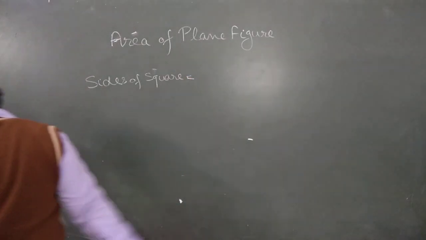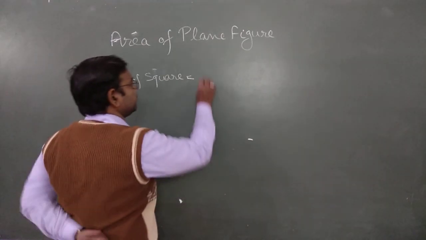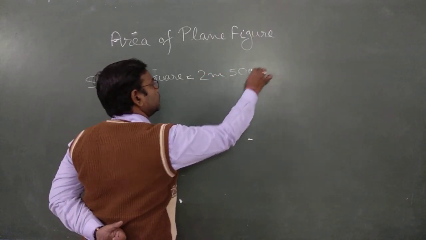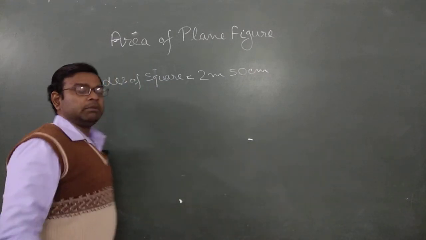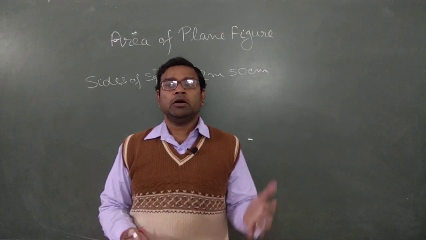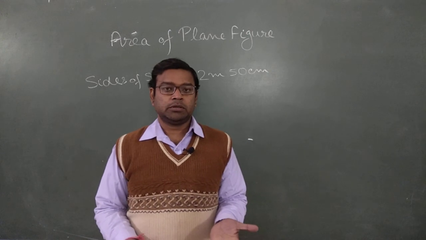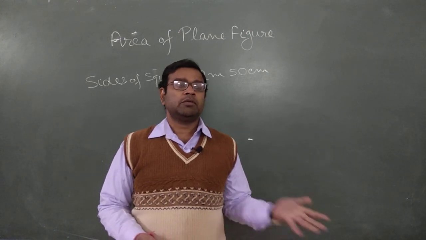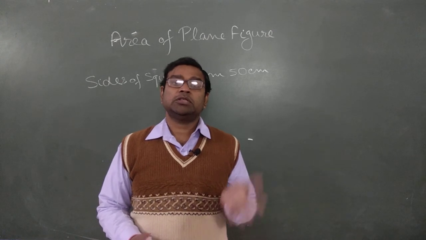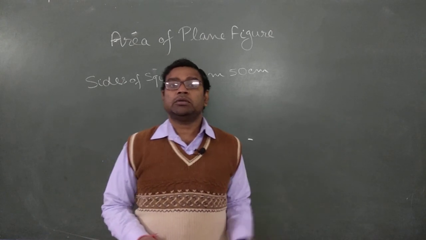Remember, I am giving you the concept of some types of problems. It may vary from your book, but the concept is the same. You use that concept to solve the sums.